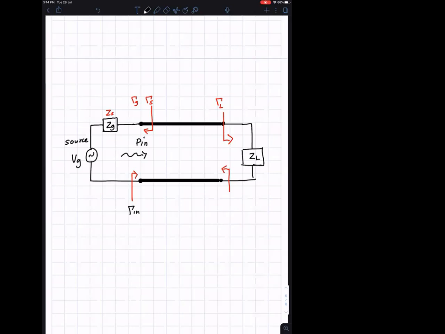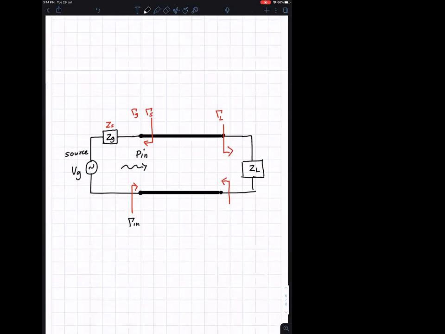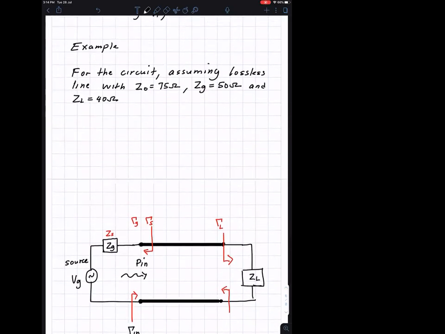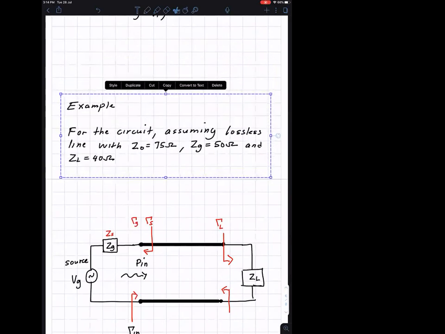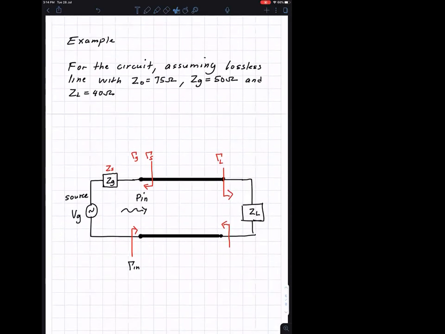So this is from Ludwig chapter 2. It's a lossless line. With the Z0, a characteristic impedance, usually put in the center like this, 75 ohms, or we sometimes just call this Z0, remember? 75 ohms, and then ZL is 40 ohms, and ZG is 50.